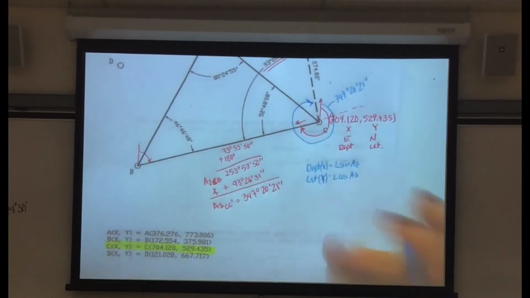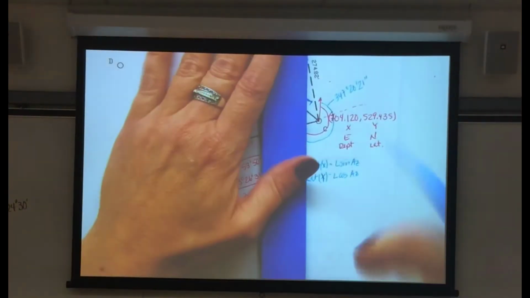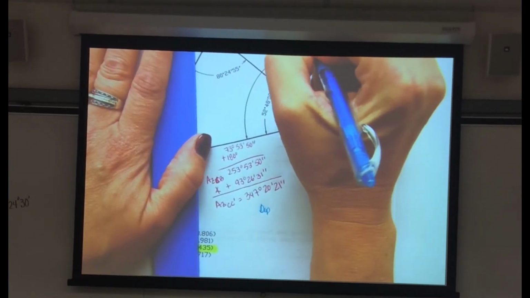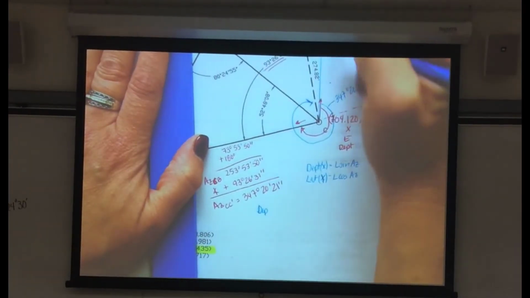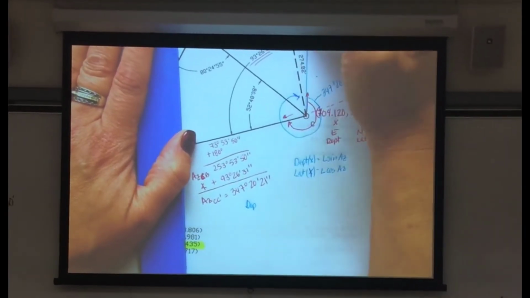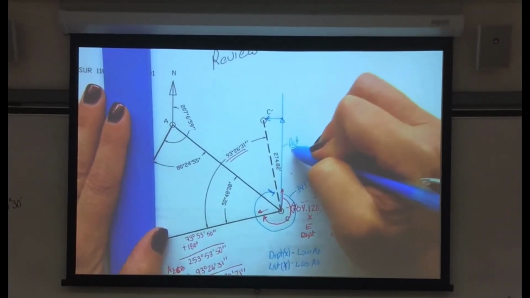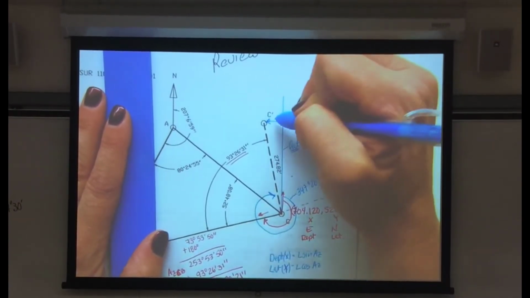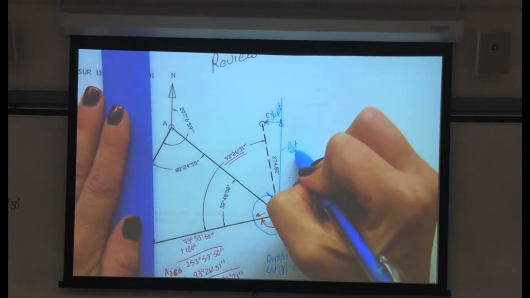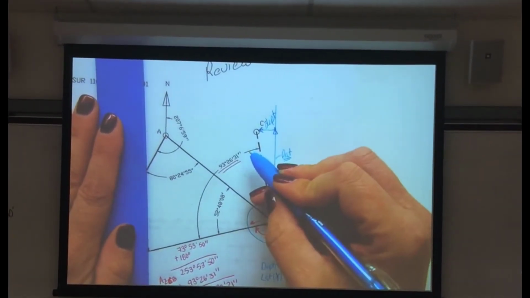So if this went straight up, just to give you a visual, and then went to the east or west, the distance from this point to this point is going to be my latitude, and the distance from here west is going to be my departure. I want to find these distances and then add them to these points: distance up and then distance over.